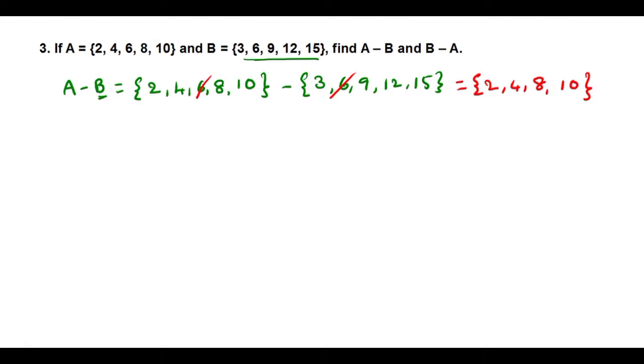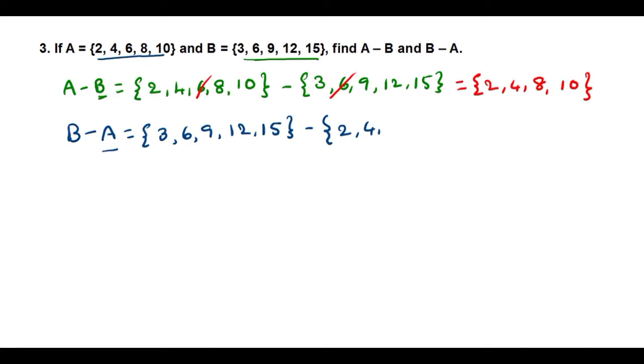Now you can write B minus A. B is 3, 6, 9, 12, 15 minus set A, which is 2, 4, 6, 8, 10.